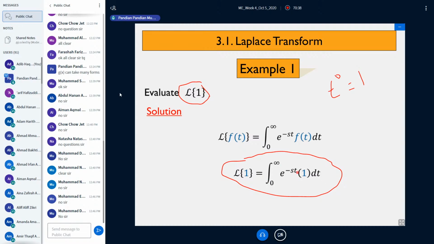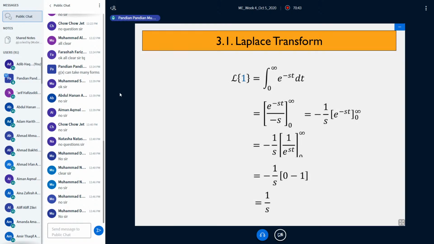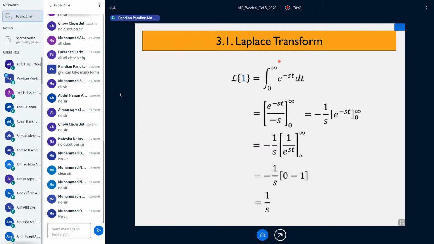So how do we integrate this? You look carefully. You can simplify 1 times e power minus st. The integration of e power minus st dt, you can refer to any calculus book. The integral of e power minus st dt is e power minus st, and differentiating minus st gives minus s, so you must divide by minus s, taking the limit from 0 to infinity. Now you want to substitute the limit.